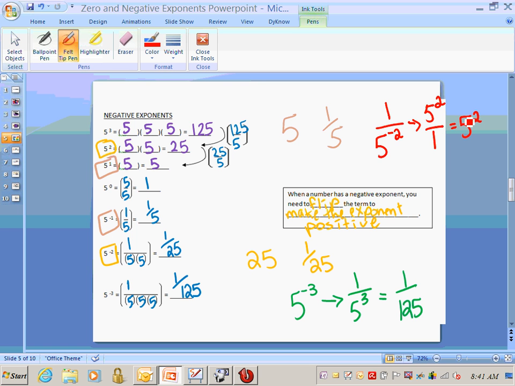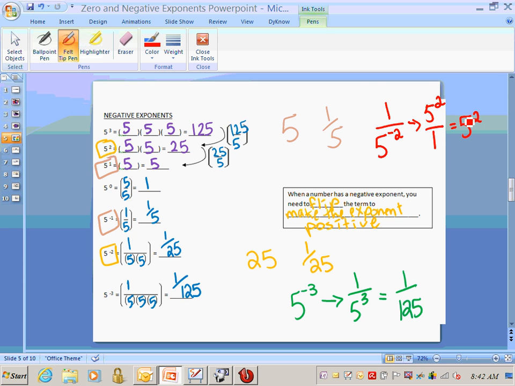That's the only way to make them positive, is to move them to the other side of the fraction. It doesn't necessarily have to move to the bottom, and it doesn't necessarily have to move to the top. If it's on the bottom, to make it positive, you've got to move it to the top. If it's on the top and it's negative, you've got to move it to the bottom. Does that make sense?